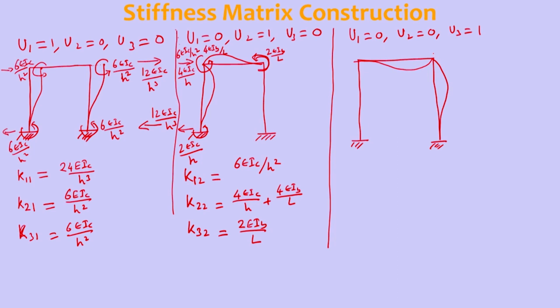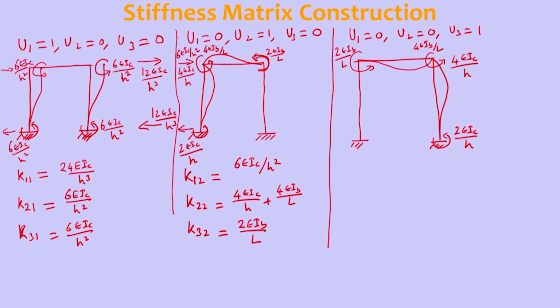For making 1 unit rotation in the column, we need 4 EI column by height of the column, that is H square, and 4 EI column by H, and here 4 EI beam by L, and half of that will be transferred here, that is 2 EI beam by L, and column 1 will transfer half, that is 2 EI column by H.